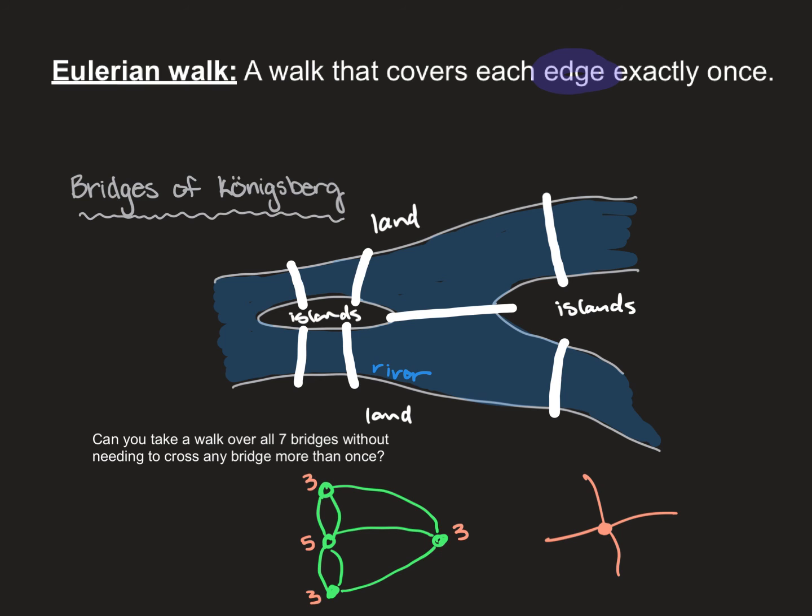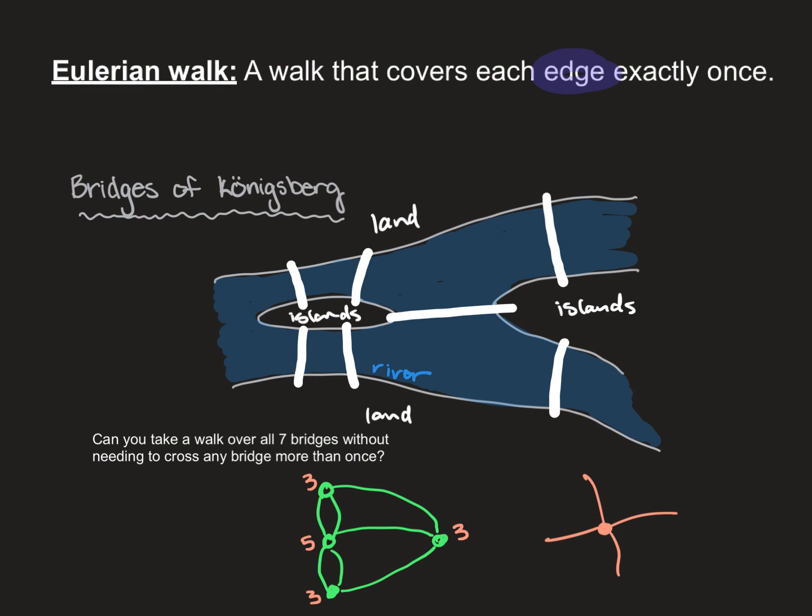I could start here, go away, come back, and end here. That's perfectly fine. So even numbers don't really matter. I could start there, I could end there, doesn't matter. But if it's odd, you have to either start or end there. And so in this case, I've got 4 places, but I only need to start and end twice.